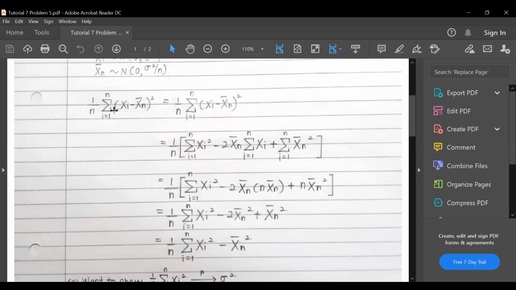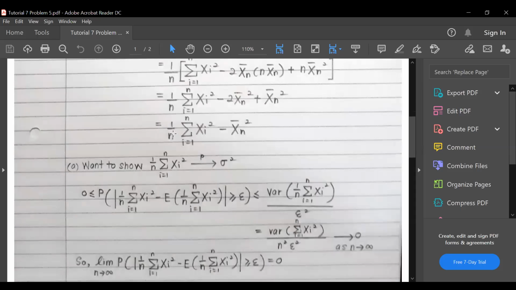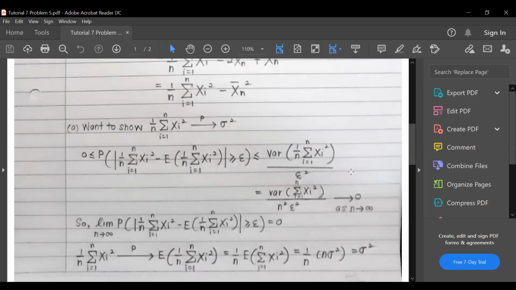I expanded the square, substituted the summation of Xi with n times Xn bar, and simplified. First, I showed that this converges in probability to sigma square. I used Chebyshev's inequality and showed that this approaches 0 as n approaches infinity, so the limit of the probability is 0.